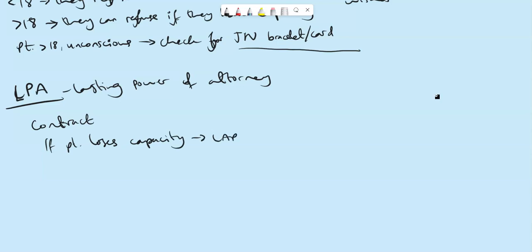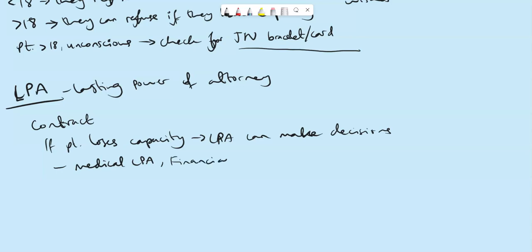So the person who can make those decisions would be that patient's lasting power of attorney. It's not necessarily always medical. There are decisions regarding a person's medical problems, and there's the other side, which is financial.